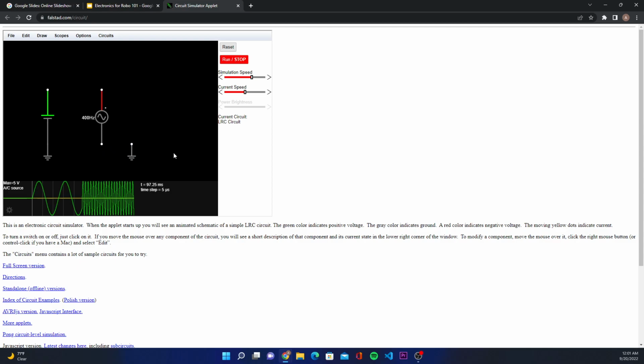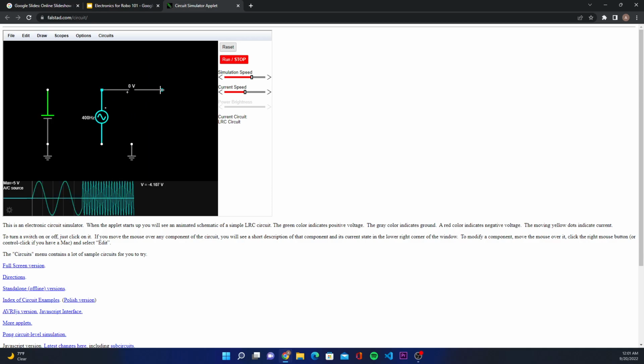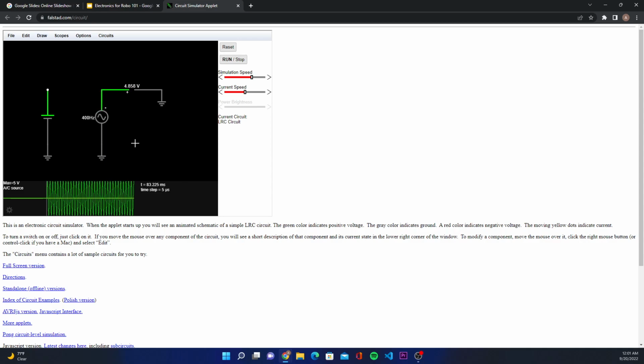But yeah, what else is there? Outputs and labels. You can measure the voltage at any point relative to another point. So let's see here. Reset. Nice. And that's outputting it. Ohm meters, ohm being the units of a resistor.